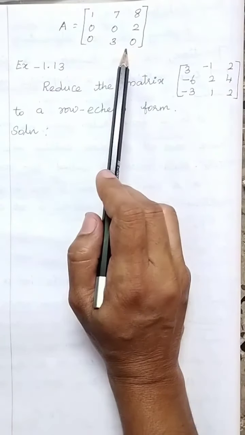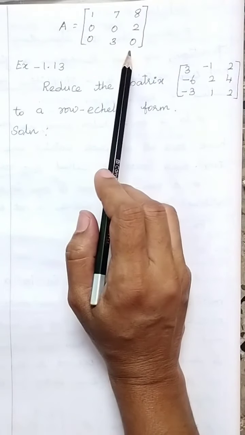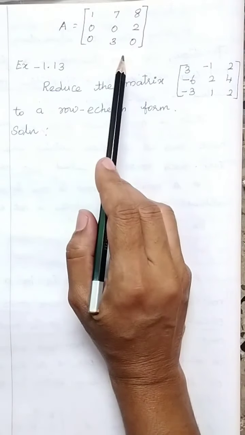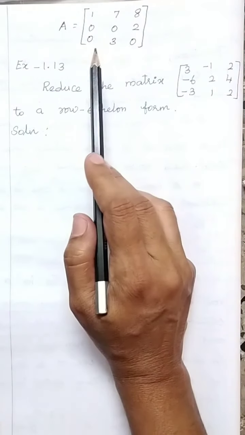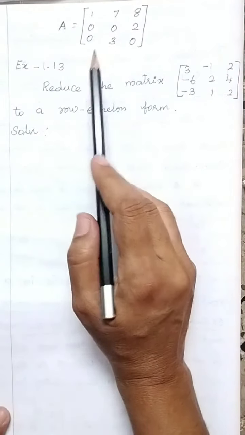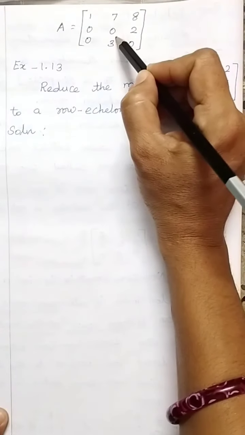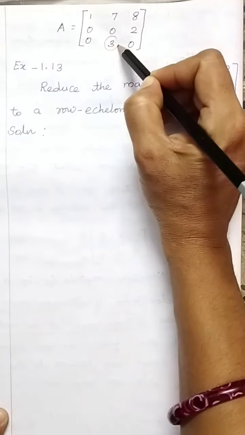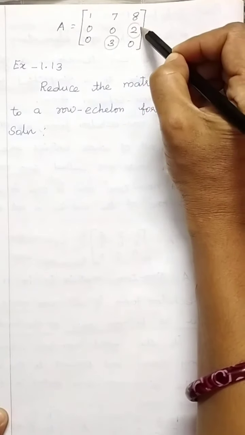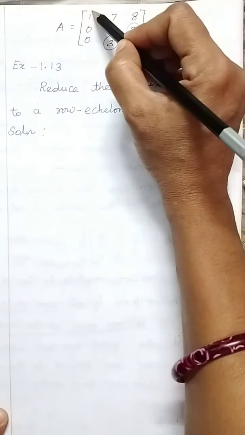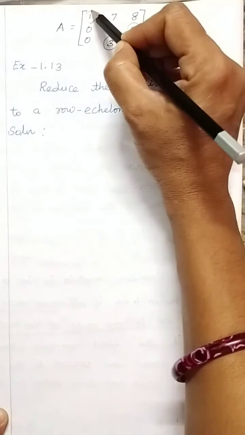Here a zero row is not given, so go to the next condition. First you circle the non-zero entries of the matrix. So the R3 non-zero entry is 3, the R2 non-zero entry is 2, the R1 non-zero entry is 1.